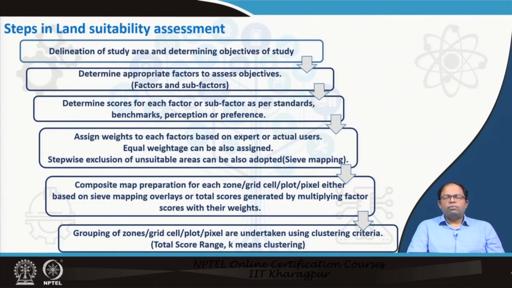We can also go for other techniques like k-means clustering, where we say the entire range has to be divided into 4 clusters or 5 clusters based on our requirement, and based on the scatter plots, or the spread of these different values, it can create those clusters in appropriate ways. This is another method in which we can group those cells and eventually represent them in the map, showing which part is suitable and which part is not.